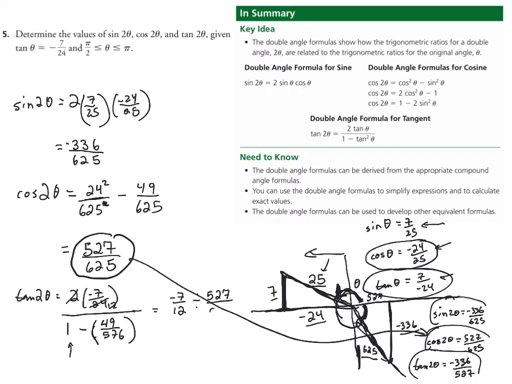over 576, which equals negative 7 over 12 times 576 over 527. And 12 goes into 576 48 times, because 576 is 24 squared. Well, 24 times 24 is the same as 12 times 48, right?